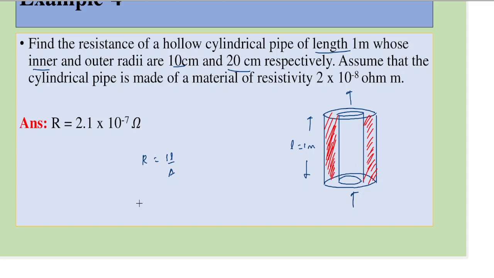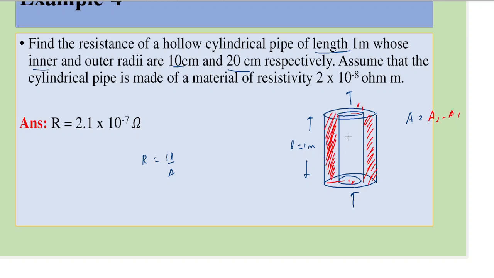Now to find that area, if you look at this, there are two cylindrical regions of inner radius R1 and outer radius R2. You want only this area, so it is called the area of inner part as A1 and outer as A2. So it will be A2 minus A1, because you want only this region.